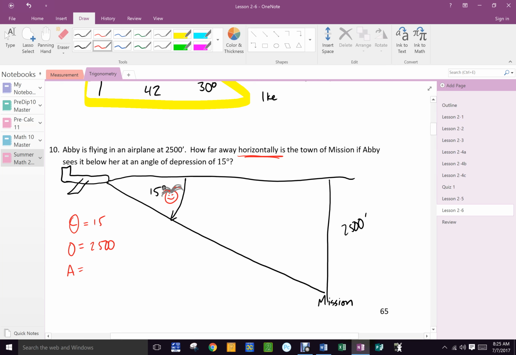Because the plane's here, and this is the actual distance, isn't it? All right. But that's not what I want. So there's my unknown. Now, what equation uses O and A and theta? Tan of 15 equals O, 2,500 over X. Letters on the bottom, so what math is it? Division. 2,500 divided by tan 15, and that will give you your answer.